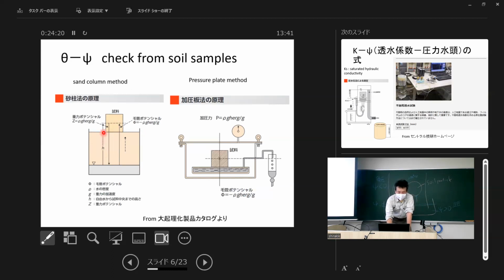Then the negative pressure head will be at this height when the movement of the water has completely stopped.